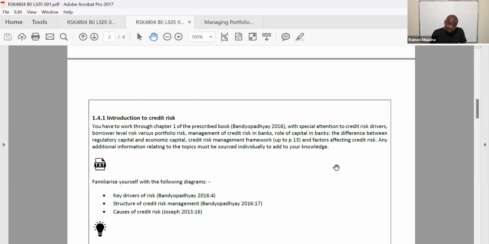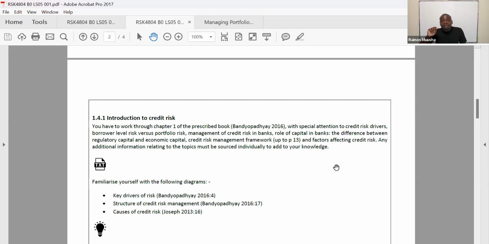And because of this, take note of the general trend. Whenever they refer to a chapter in CB Joseph, normally you go through the whole chapter. But whenever they refer to Bandyopadhyay and Whitney, please take note of the page ranges or the sections that you are specifically asked to cover. Very, very important.